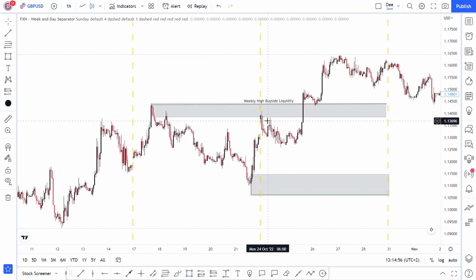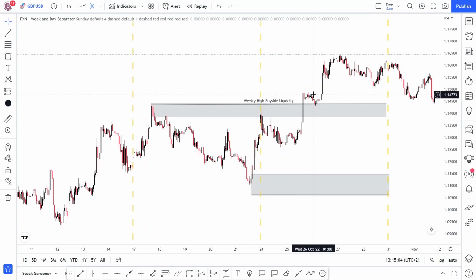So on Monday, when the market opened, they came to retest this, failed to break through it, and on Tuesday they break through it and test this resistance as a support, and then continue to go to the upside, right?